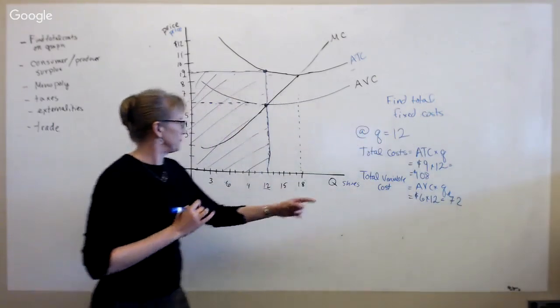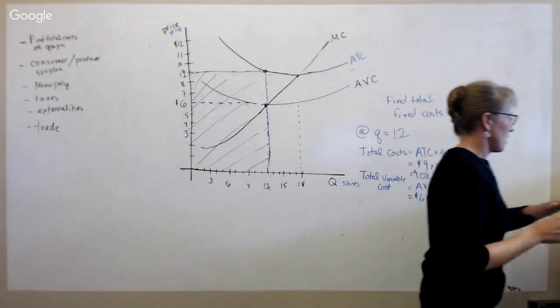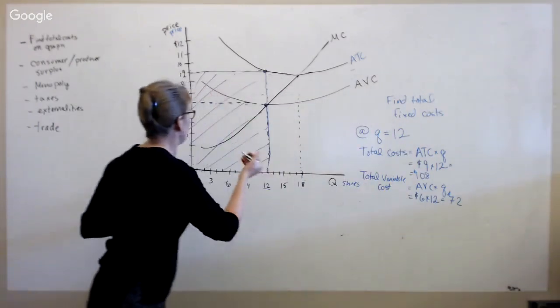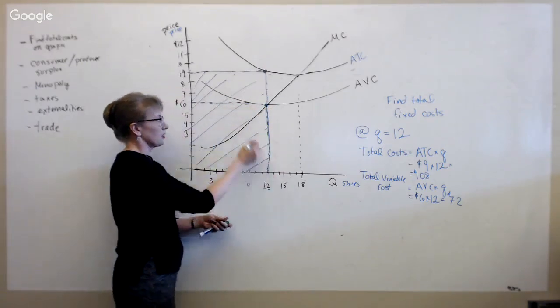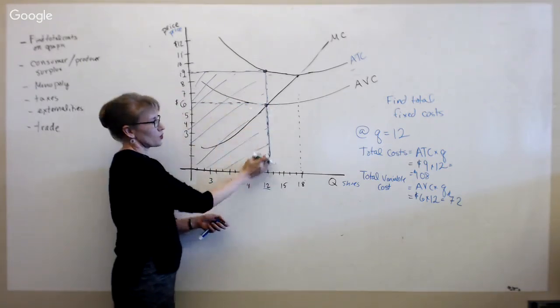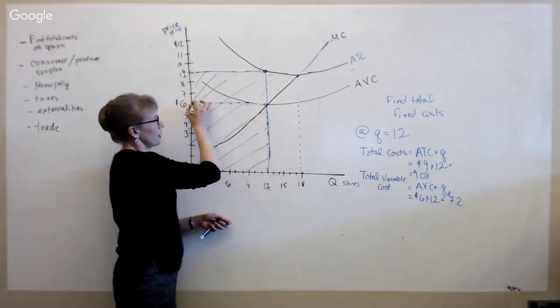It's 72. Now we can represent that, let's switch colors here, as the shaded area here. We're following 12 up to our average variable cost curve and over.